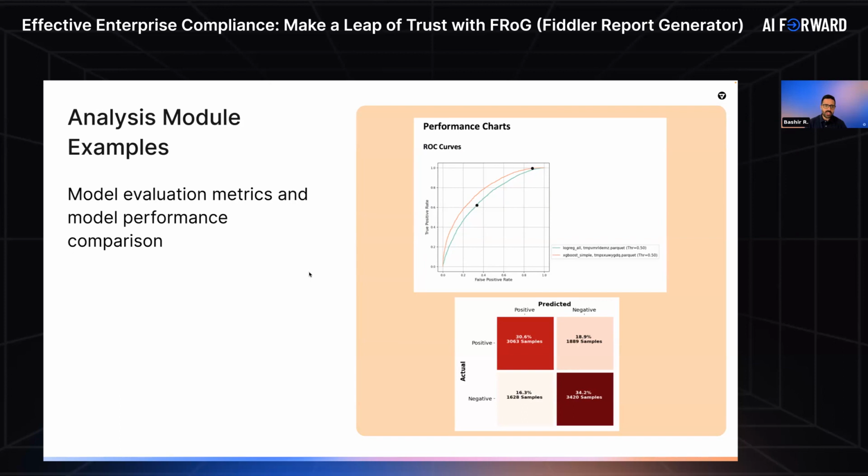We have model evaluation metrics and model performance comparison. So let's say you have multiple models in a project. You can add performance charts, and then, for example, here you see an example of an ROC curve with multiple models in a single chart, and things like confusion metrics and so on.